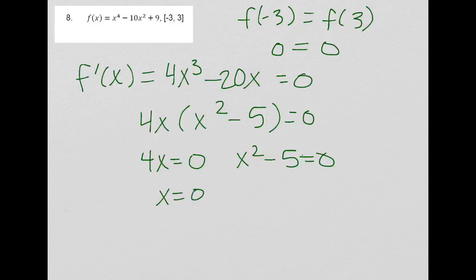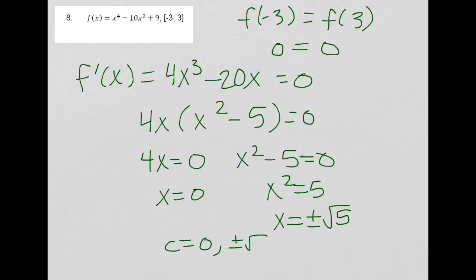So at 0 or positive or negative square root of 5. Those are all within my interval. So I'm going to say this works when c is 0 or positive or negative square root of 5. So that one was a much needed break from the others.